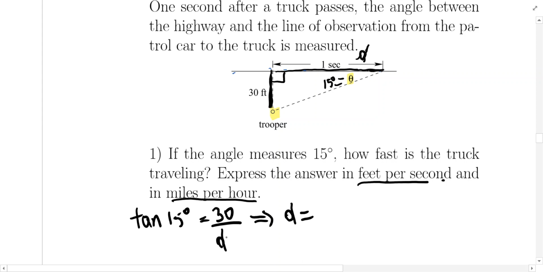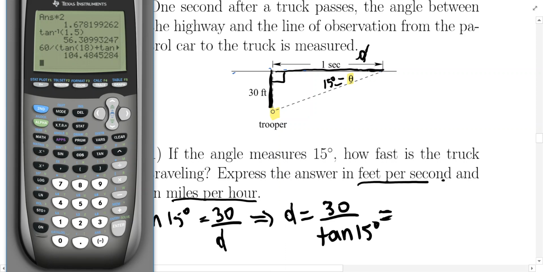D equals 30 divided by tangent of 15 degrees. All right, so if I put this in the calculator, let's get an actual answer here.